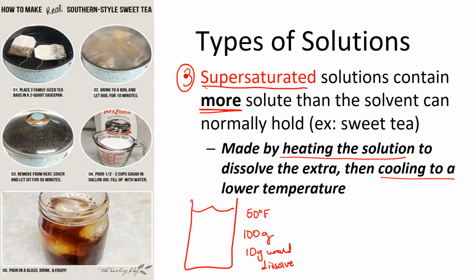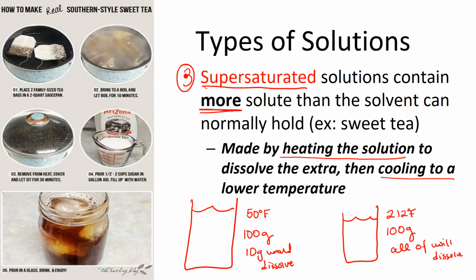Very unsweet. But if we make the tea, the same amount of water, and instead I let it boil first, that would be 212 degrees Fahrenheit. Well, then if I put 100 grams of sugar in there, all of it will dissolve.